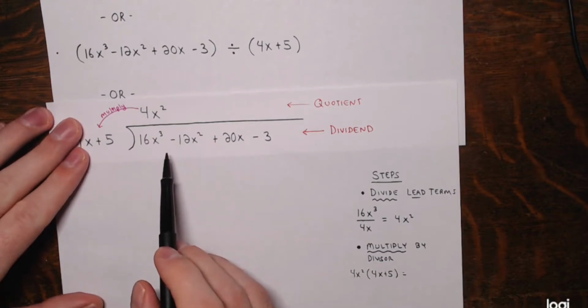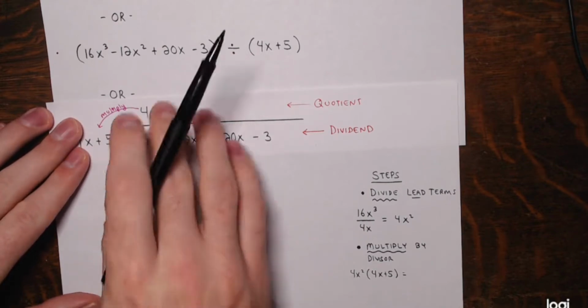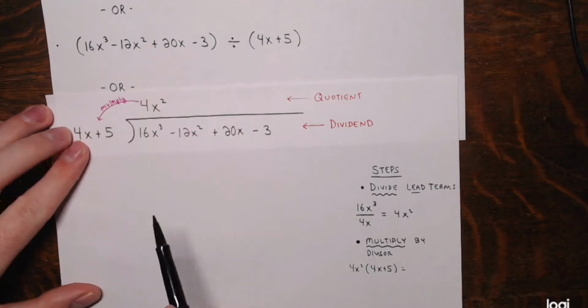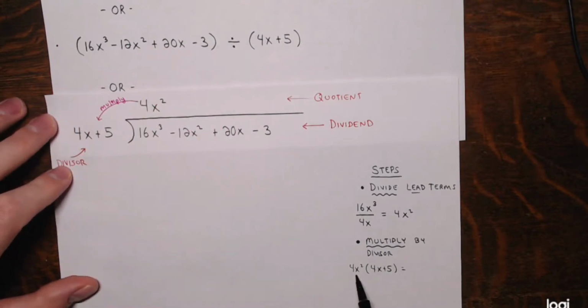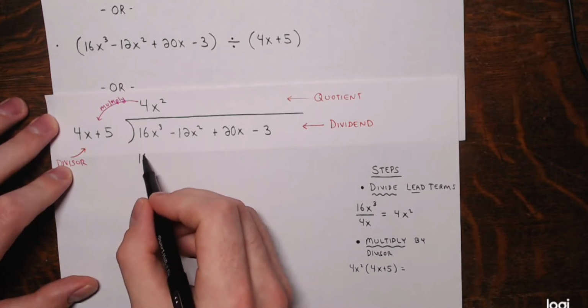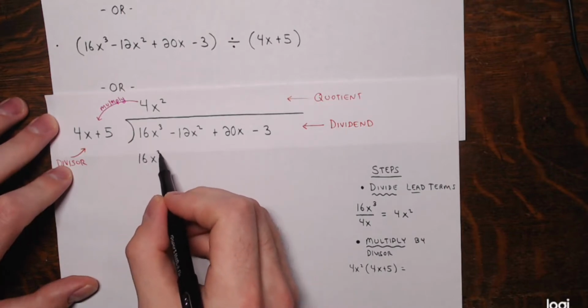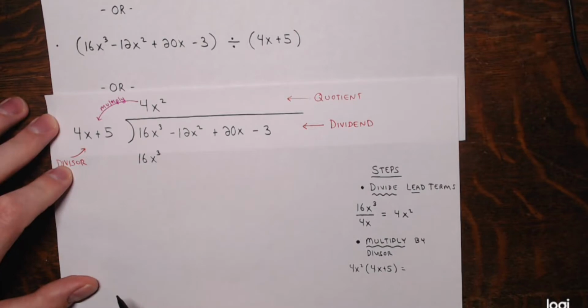And they suggest, and I suggest this as well, line up like terms. 4x squared times 4x would be 16x cubed. So I'll put that underneath the x cubed term from the dividend.